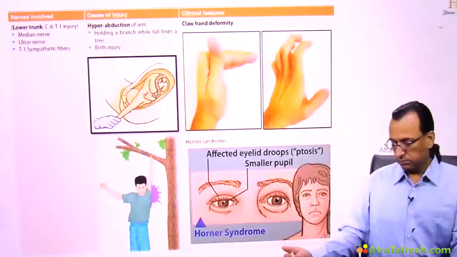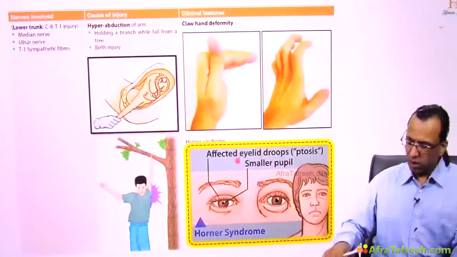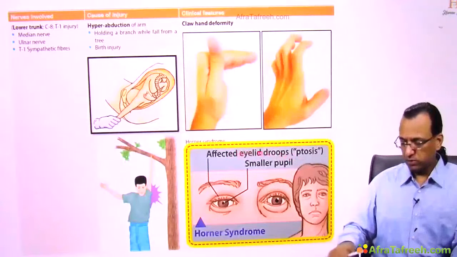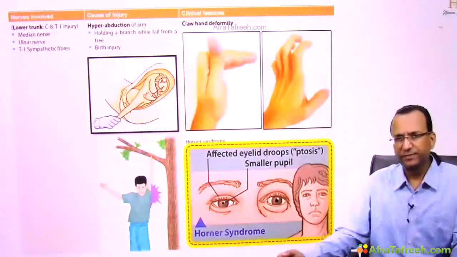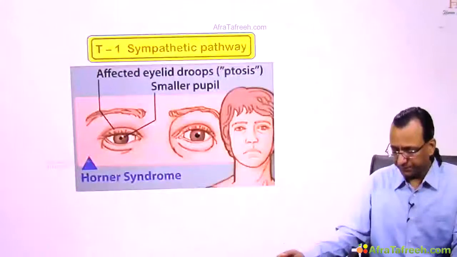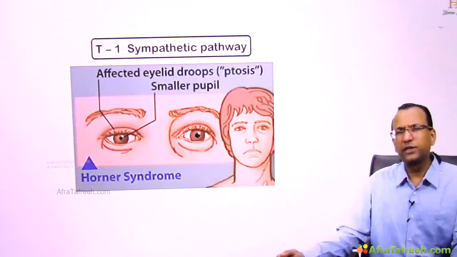There will be Horner syndrome also. Why? Because the T1 root value is involved. The T1 sympathetic root value involved leads to Horner syndrome. Yes. Okay. Fine. What about the clinical features? I told you there are 2 clinical features which you have to remember.